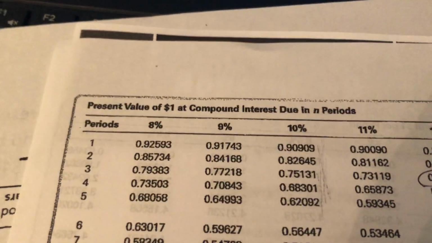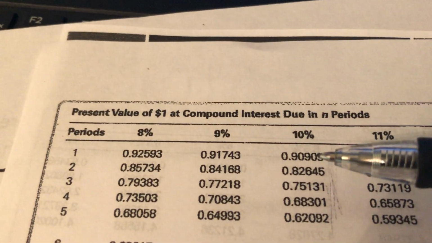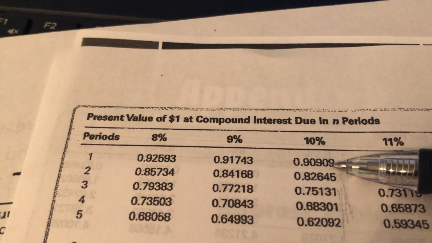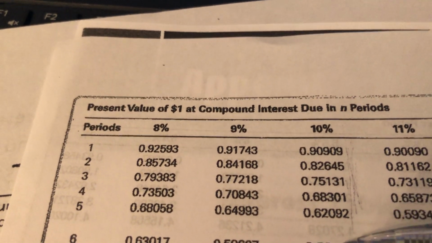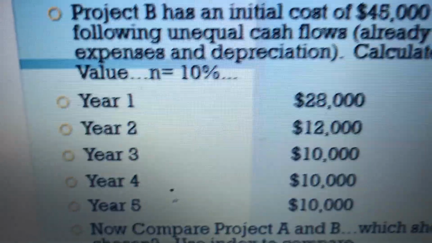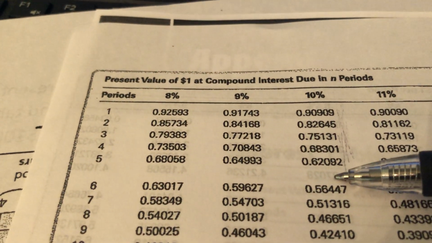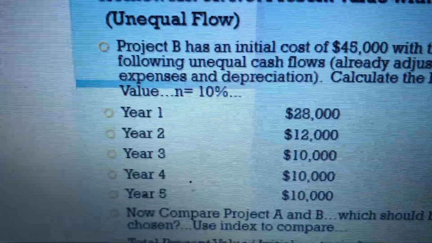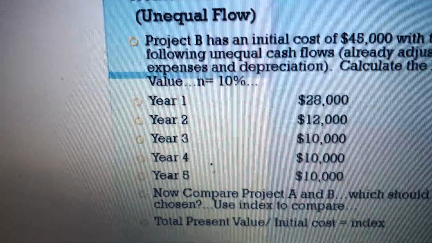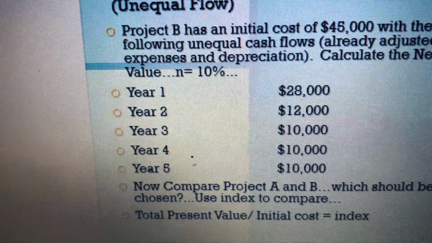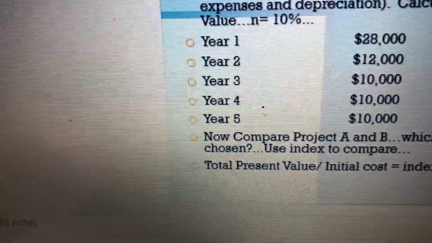Under 10%, you want to multiply year 1 by 0.909, year 2, year 3, year 4, year 5. Okay, so because these are unequal flows, you want to add that up after you've done the multiplications, just like I did, and subtract out your 45,000. See which project looks the best before, and then do your index using the indexes for each one.